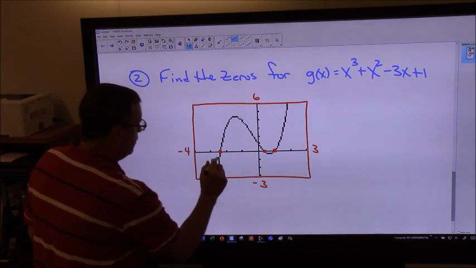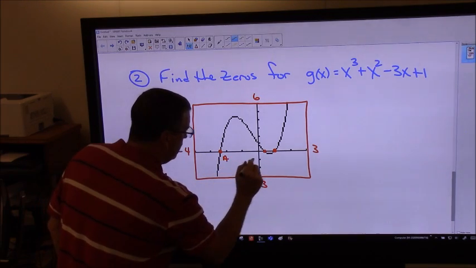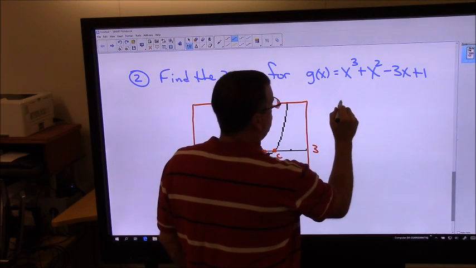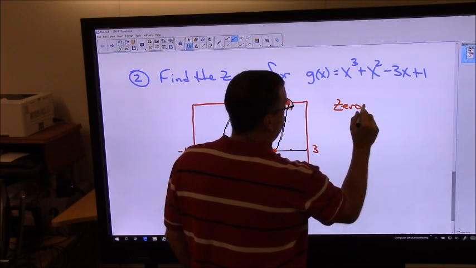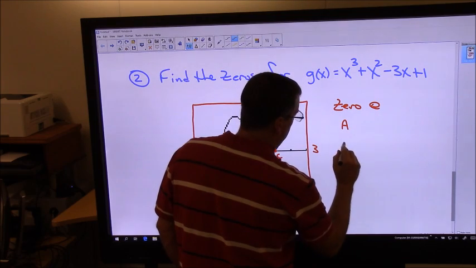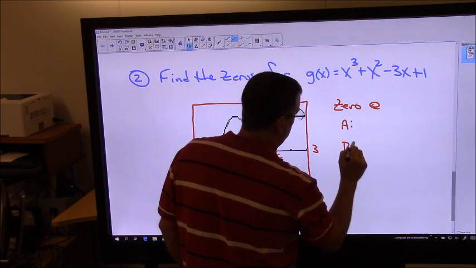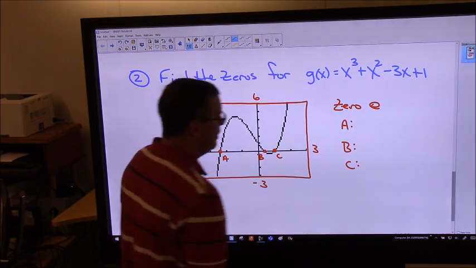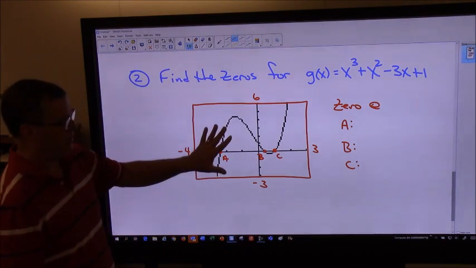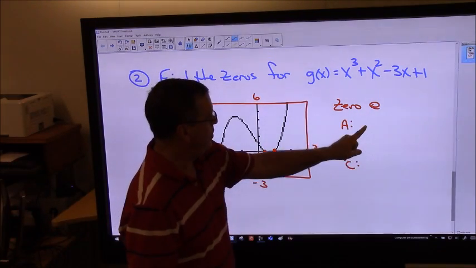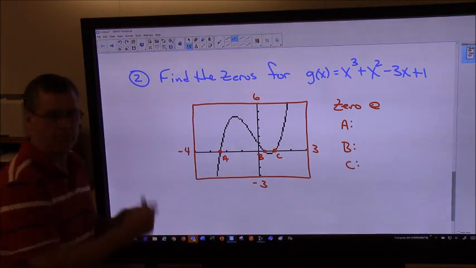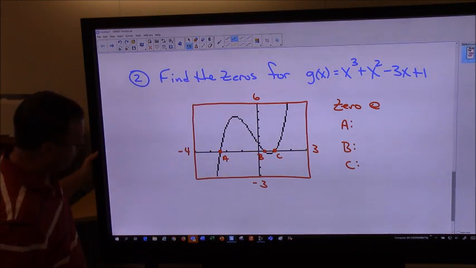I'm just going to label these A, B, and C, and say that there are zeros at A, B, and C. I'm going to go ahead and find those coordinates now. I don't have to write anything else down here. I'm going to write it here, and whatever I put here is the coordinates of point A, because I've labeled both of them.